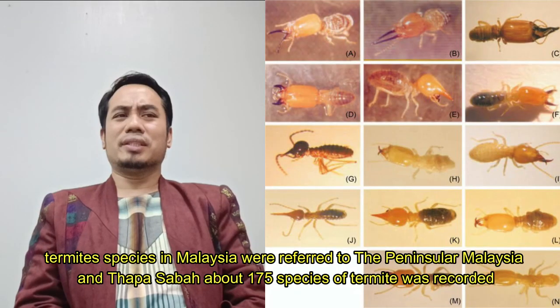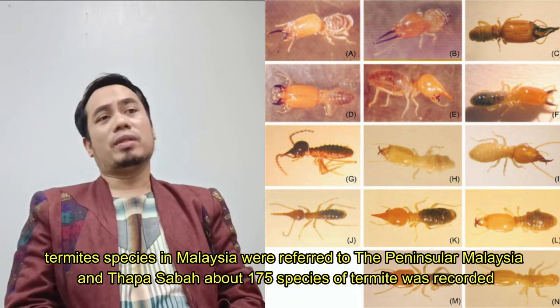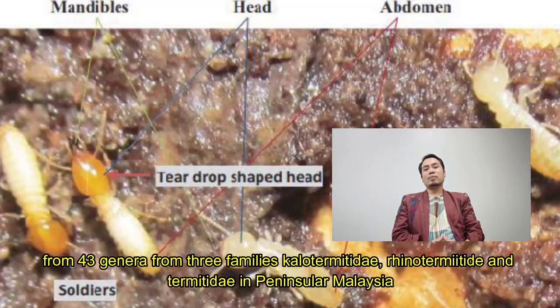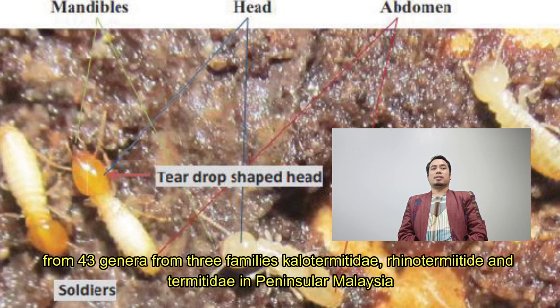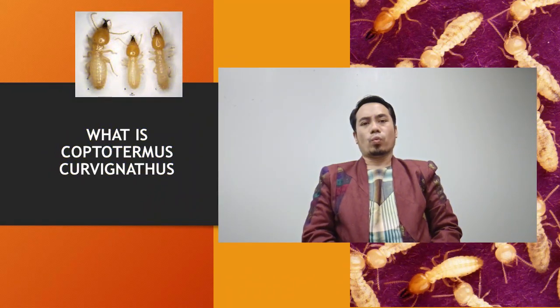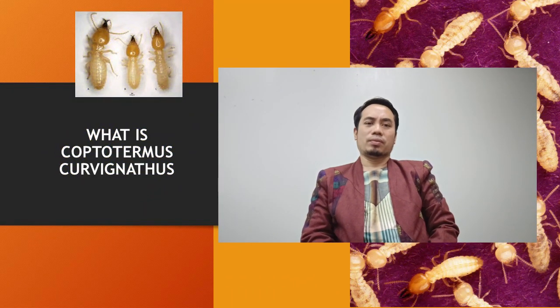About 175 species of termite were recorded from 43 genera in the three families Termitidae, Rhinotermitidae and Termitidae in Peninsular Malaysia.